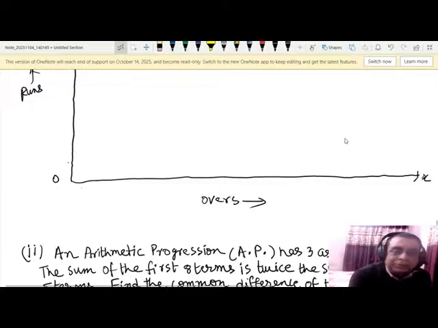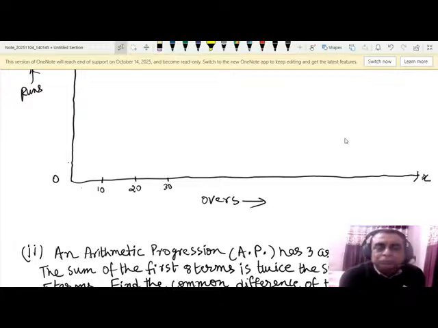Between each mark, you will take a 2 centimeter gap. Between 0 and 10, take a 2 centimeter gap. Again from 10 to 20, 2 centimeters, then 20 to 30, 2 centimeters, and so on. We can easily measure this on the graph paper.